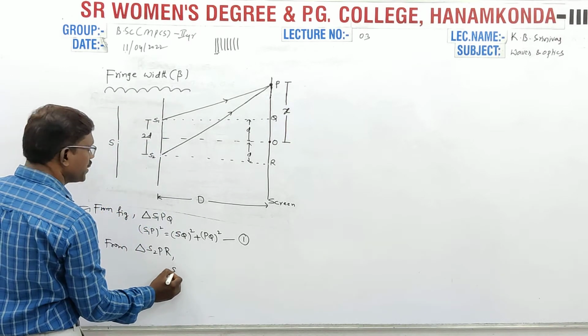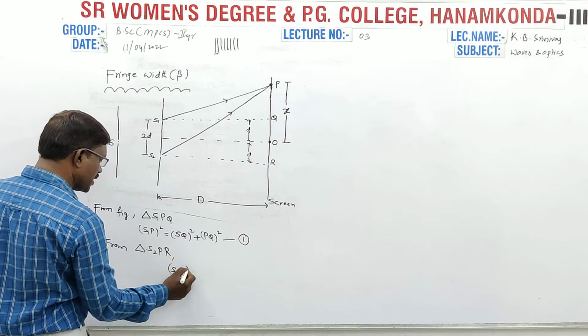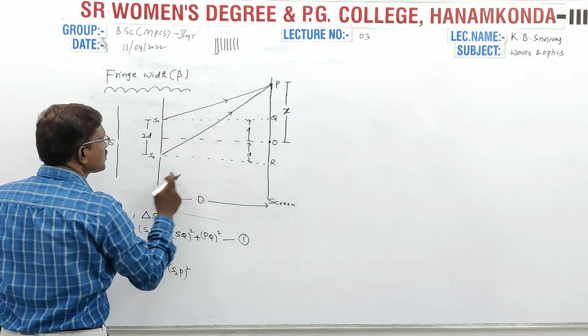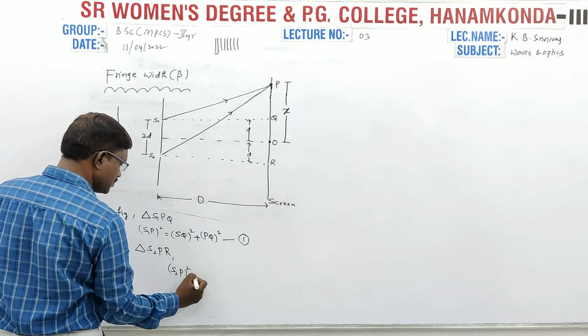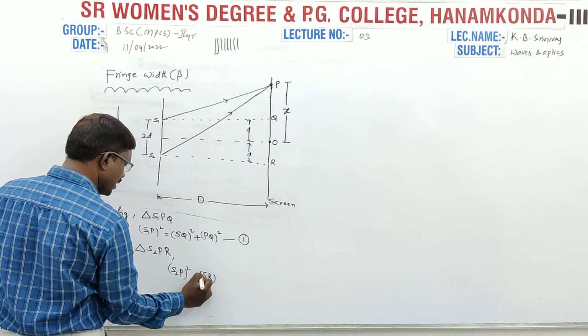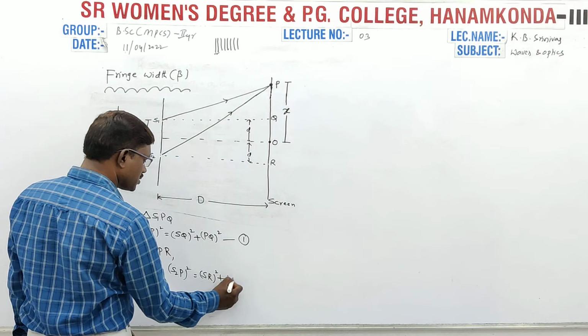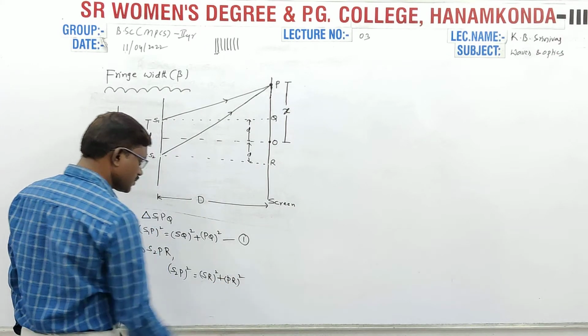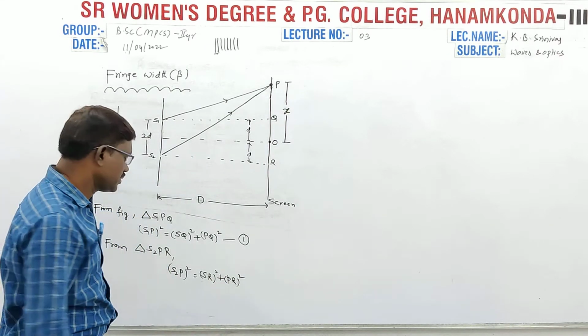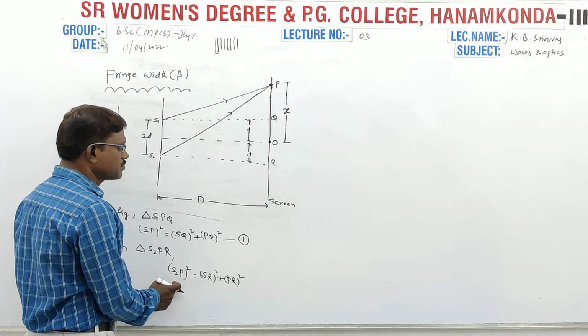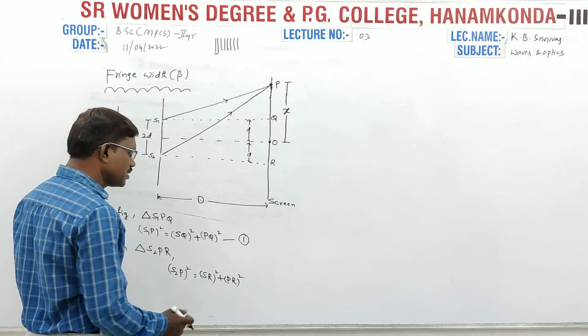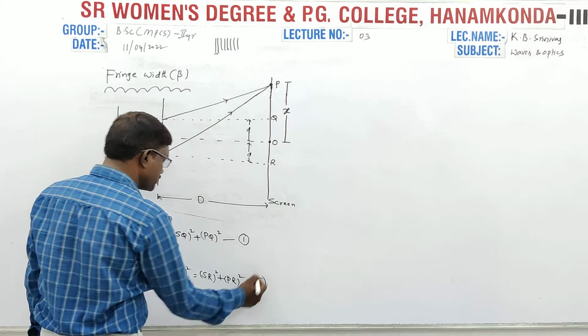So S2P whole square is equal to hypotenuse square is equal to base square, that is S2R square, plus height square, PR square. Clear? See the diagram carefully. Let this be equation number 2.